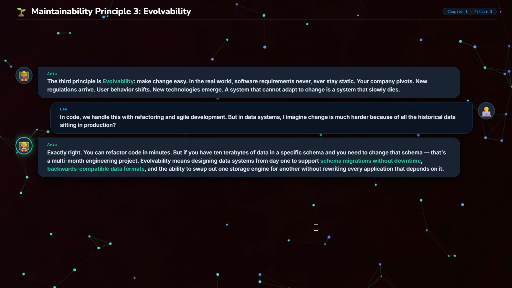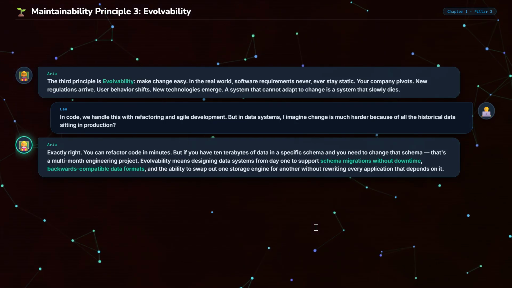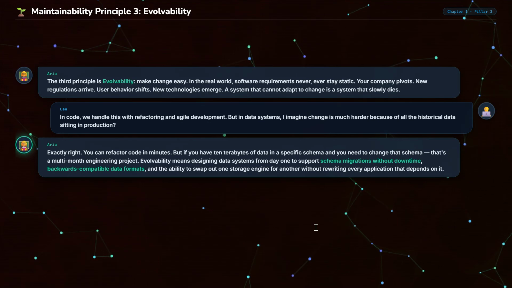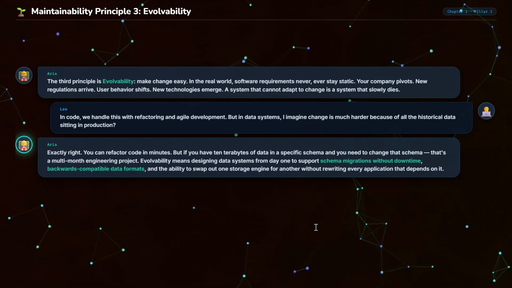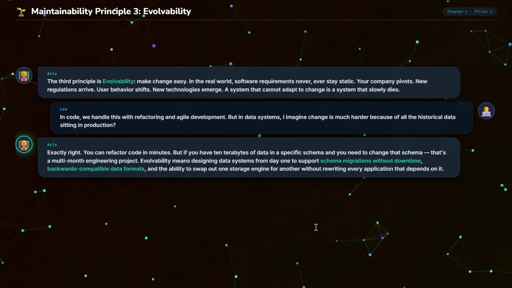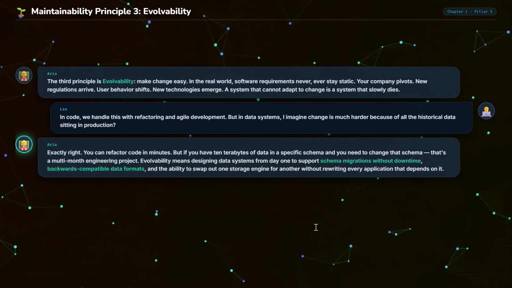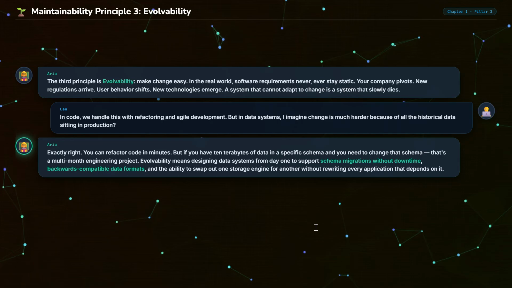Evolvability means designing your data systems from day one to support schema migrations without downtime. Backward compatible data formats so old code can still read new data. And the architectural flexibility to swap out one storage engine for a better one without rewriting every downstream application.